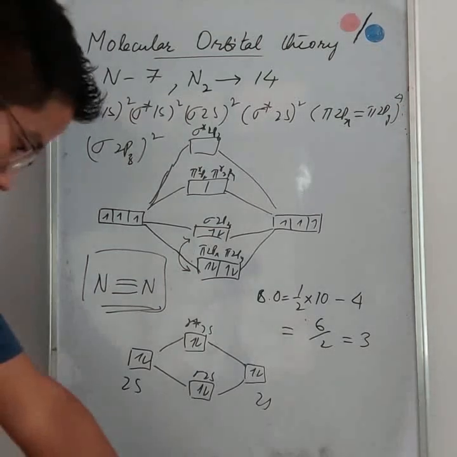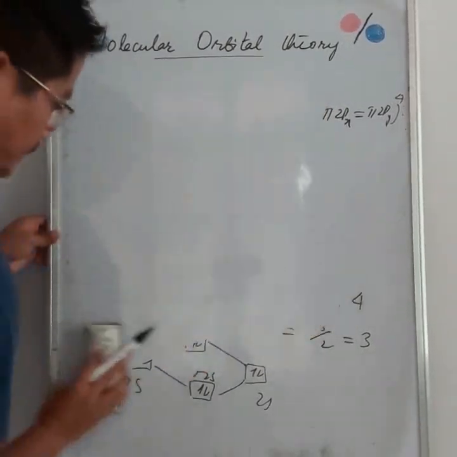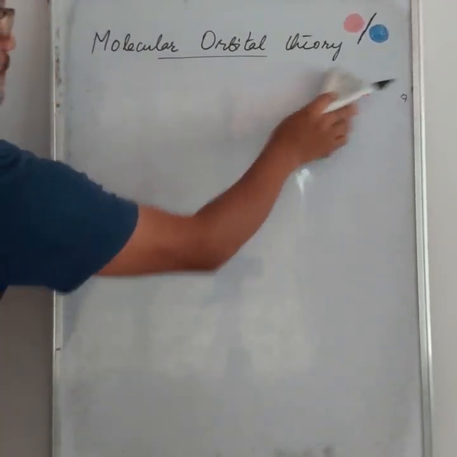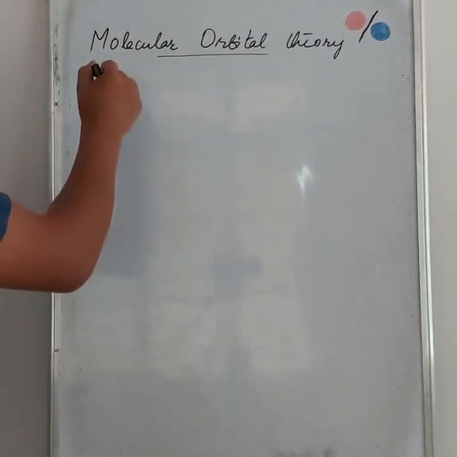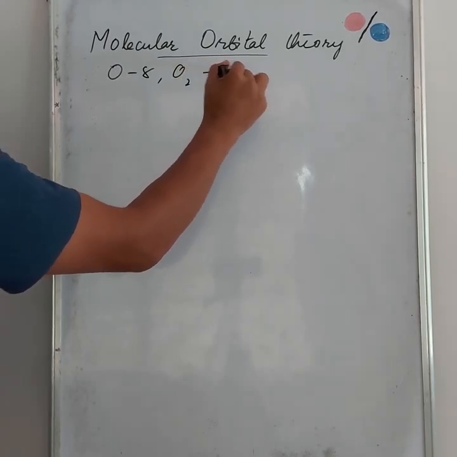So for oxygen type of molecules, let's see for oxygen. Oxygen is 8, so O2 will have 16.